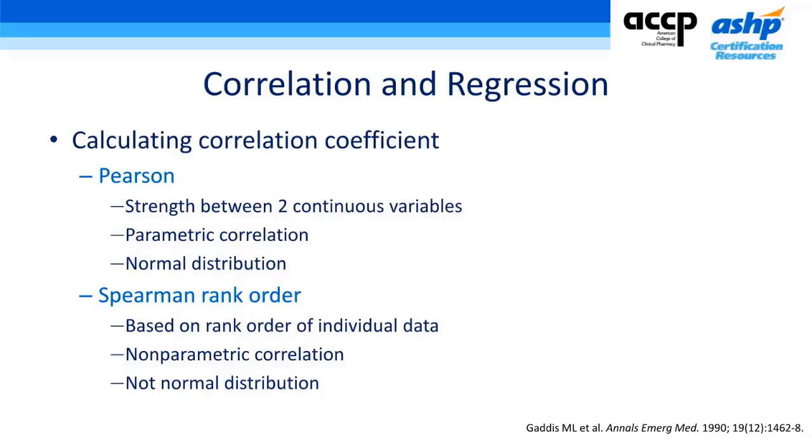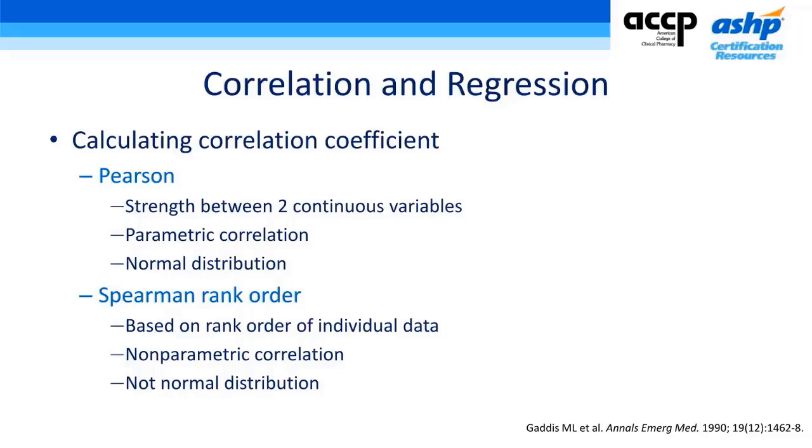Of course, to determine how to calculate the correlation coefficient, we need to know which test to use. So we can use the Pearson test or the Spearman rank order test. The Pearson test is going to be used for continuous variables. So if we have two continuous variables that are normally distributed, we have a parametric correlation.